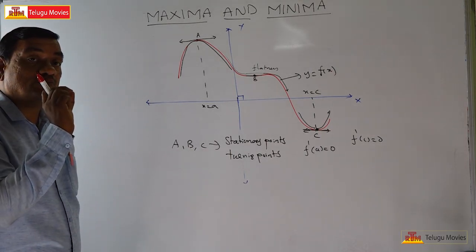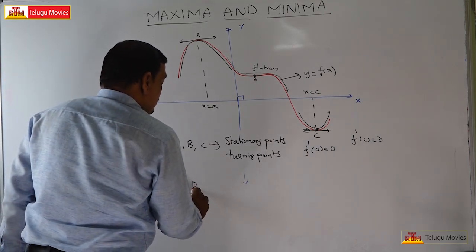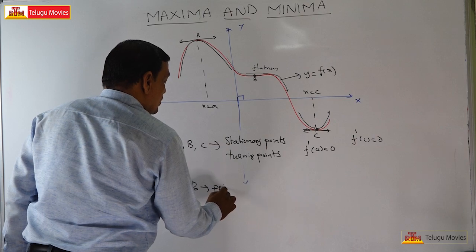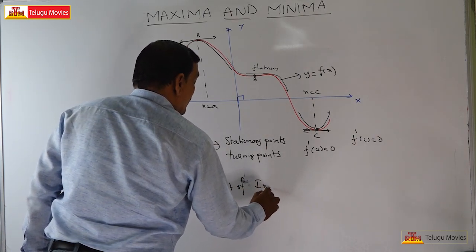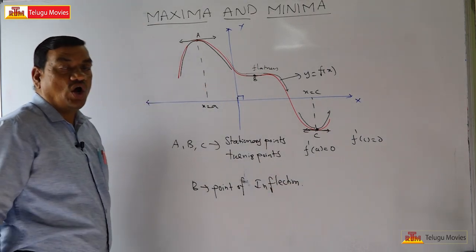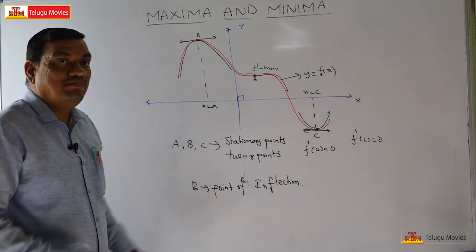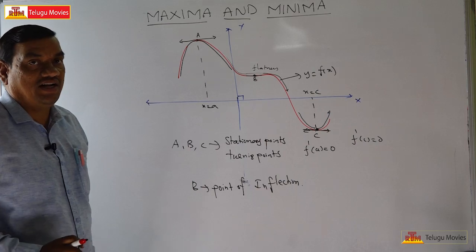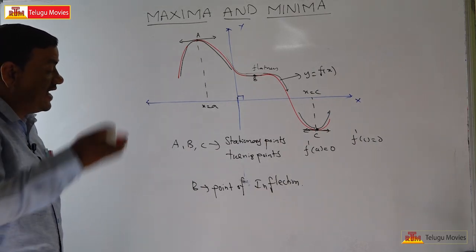But there is a special name for that. This B is called the point of inflection.